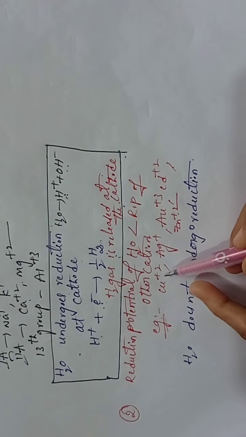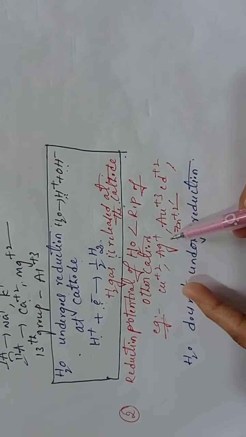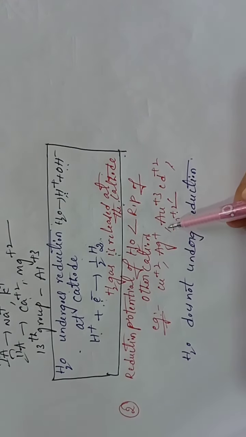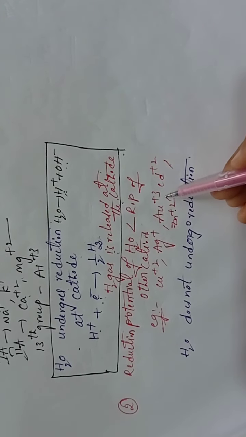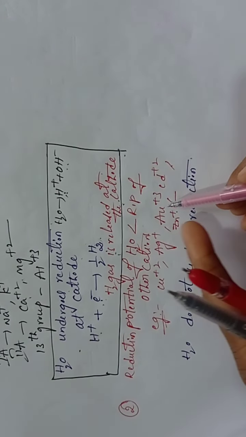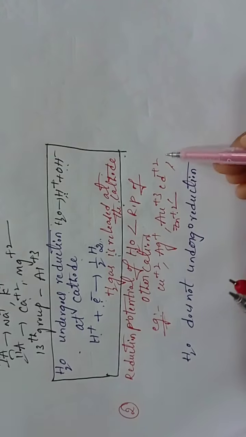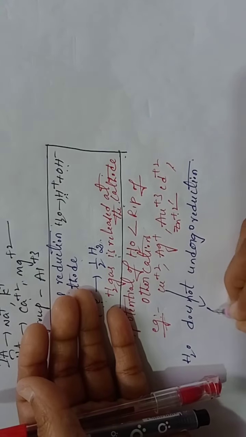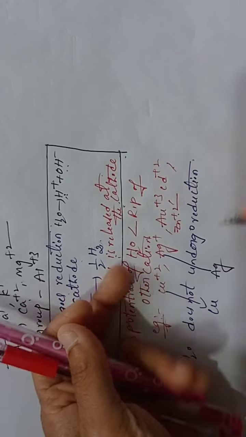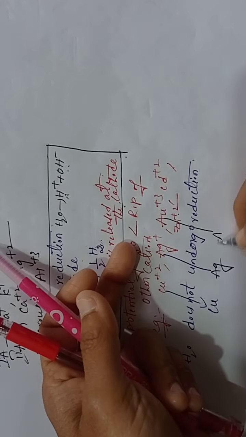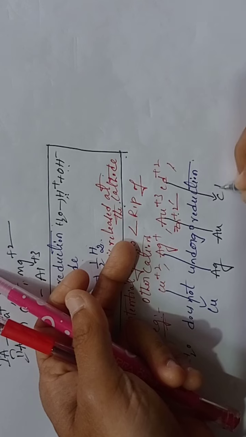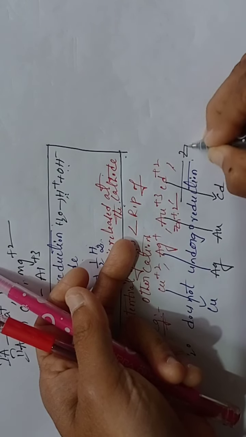If copper ion undergoes reduction, copper metal is deposited. Silver undergoes reduction, silver metal is deposited. Gold undergoes reduction, only Au is deposited. Cadmium undergoes reduction, cadmium is deposited, and the same for zinc.